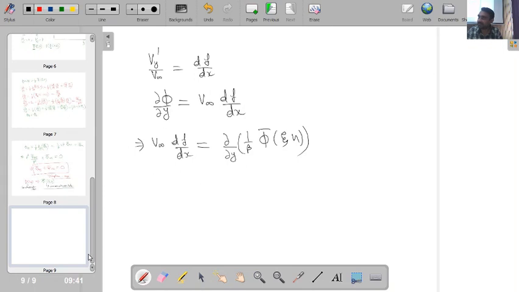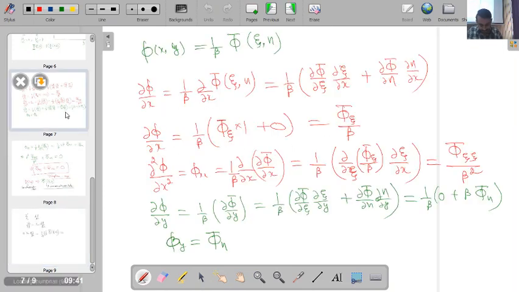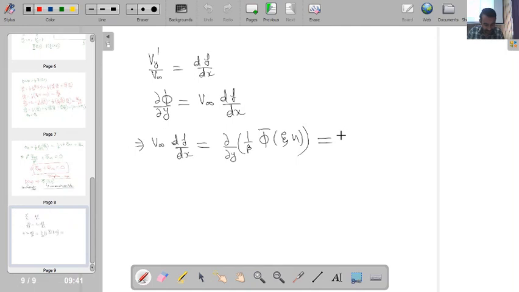Is this one clear? I have just now calculated also that del phi by del y is nothing but phi bar of eta, so I can simply write it as del phi bar by del eta. Is this one clear? Say this is equation number 1.